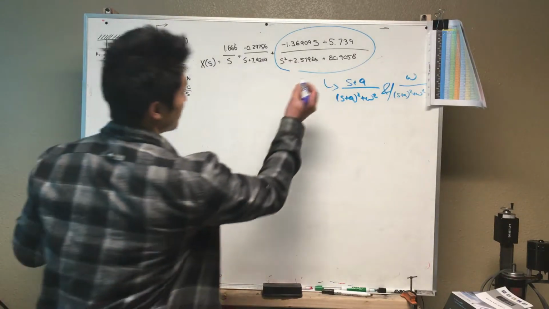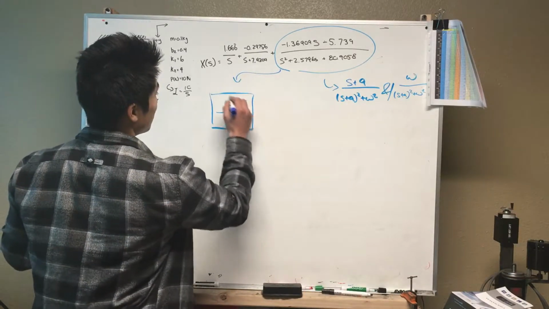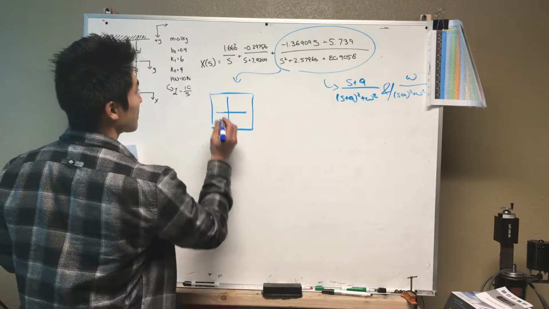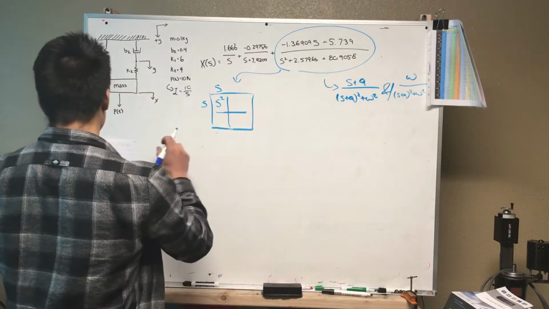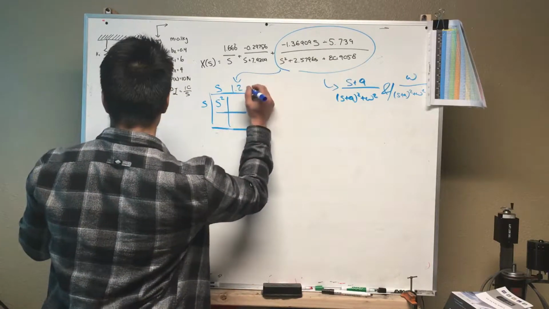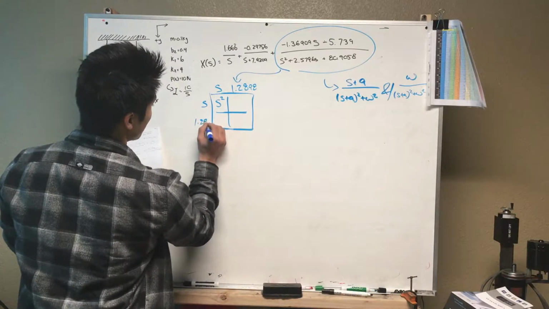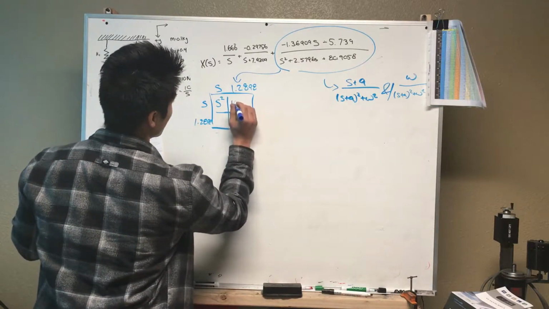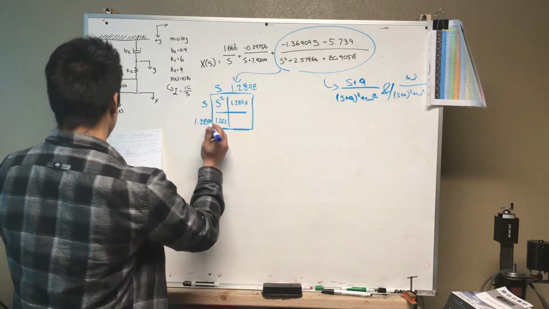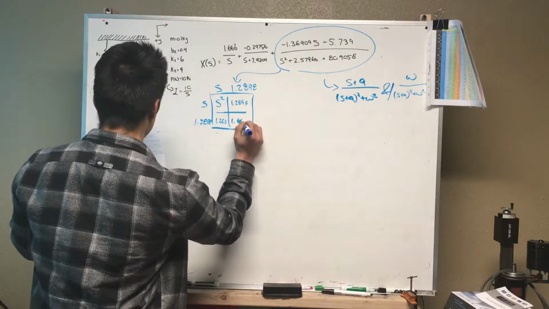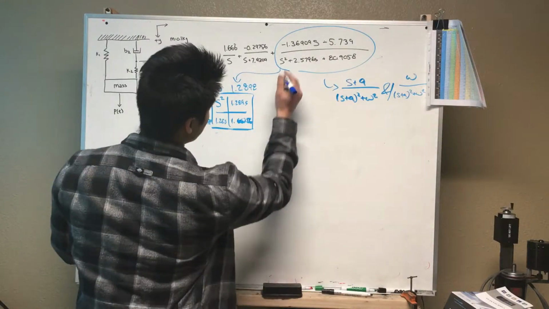We are going to use a method of perfect squares, and because we want it to look something like that, we could do s squared, s, and then get half of that, which is going to be 1.2898, and do that same here, and so you got 1.2898 s, and then that times that was 1.66356, and we're almost there.